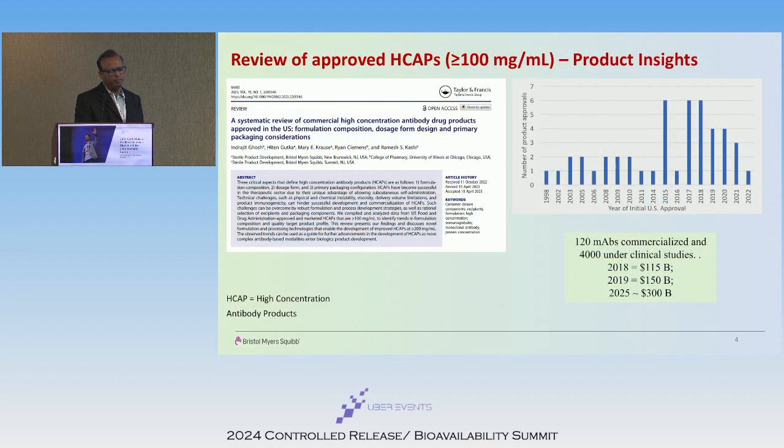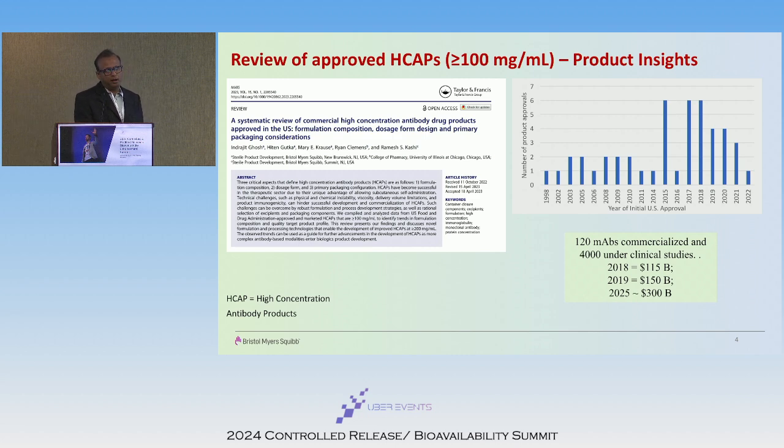We recently published one paper, myself, Ramesh, who is sitting here, and some of our colleagues from BMS. So there are many antibodies in the market. As you see in the graph, in the last 20 years, about 120 antibodies, and there are more. This graph is until, I think, 2022, but a few more were approved recently.